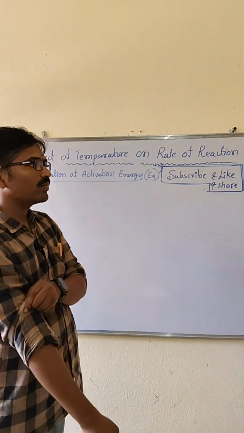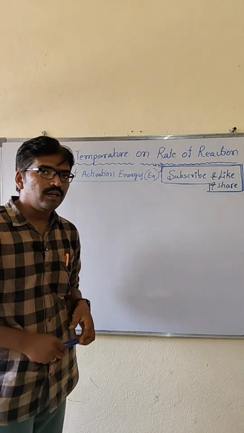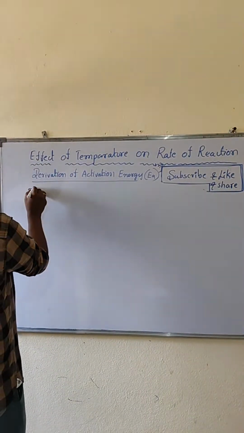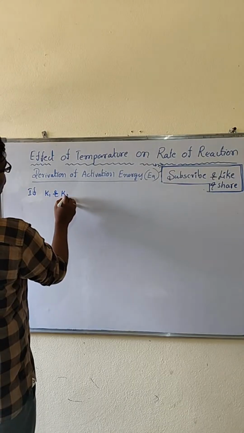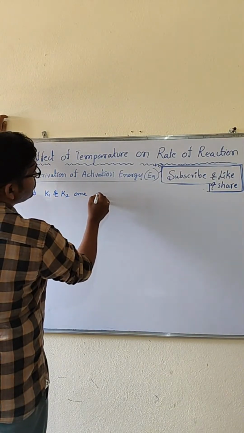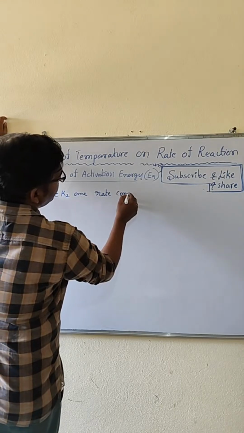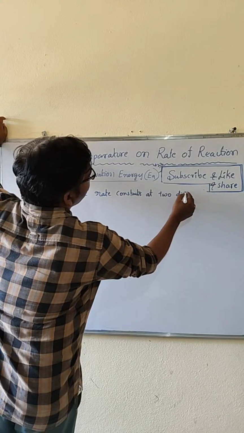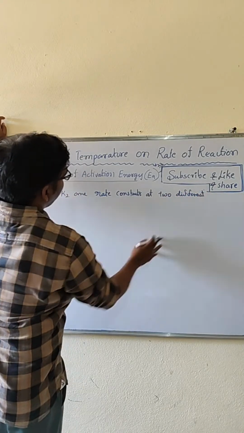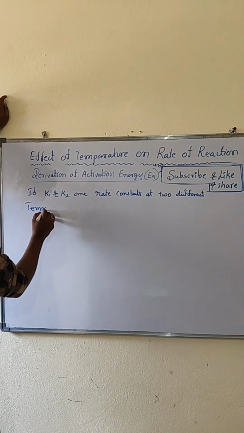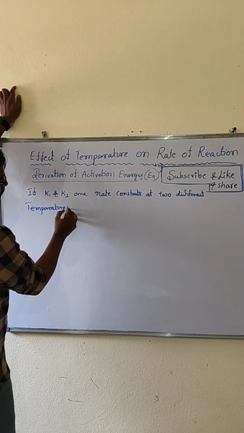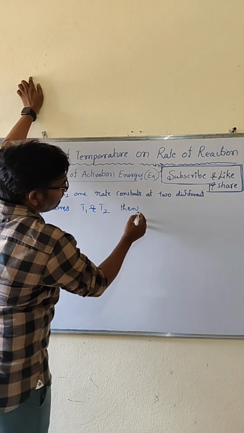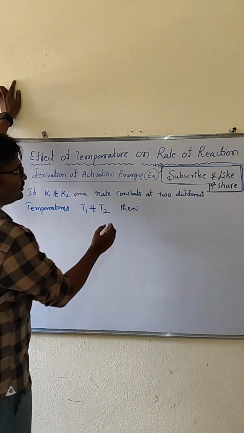First, suppose k1 and k2 are the rate constants at two different temperatures T1 and T2, then take the Arrhenius equations.